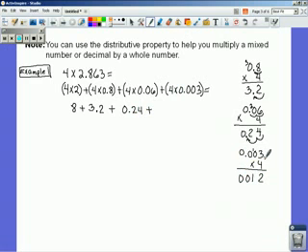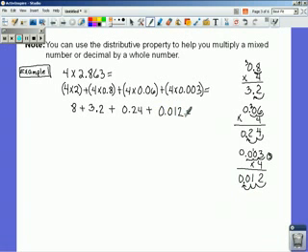Now let's see how far over our decimal point is. 1, 2, 3, it's in 3 places. So we go to our answer and move it over 3 places, and we put it right here. So we know that 4 times 3 thousandths is actually equal to 0.012.